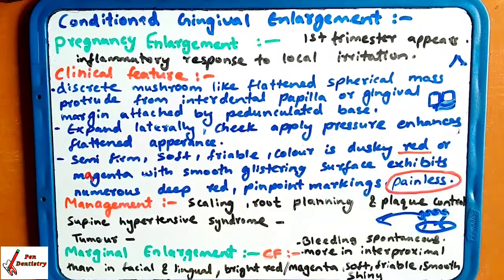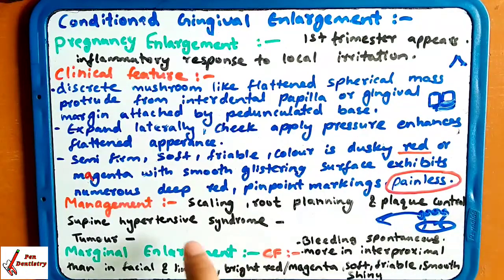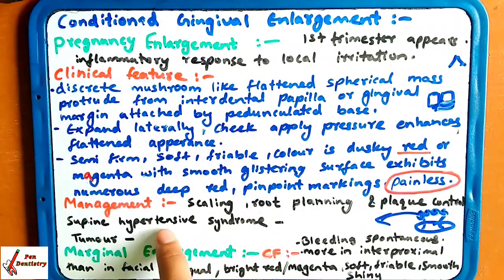Full recline position should be avoided as far as possible in supine hypertensive syndrome. In this case curettage and scaling are done, but somewhat avoided in supine hypertensive syndrome.